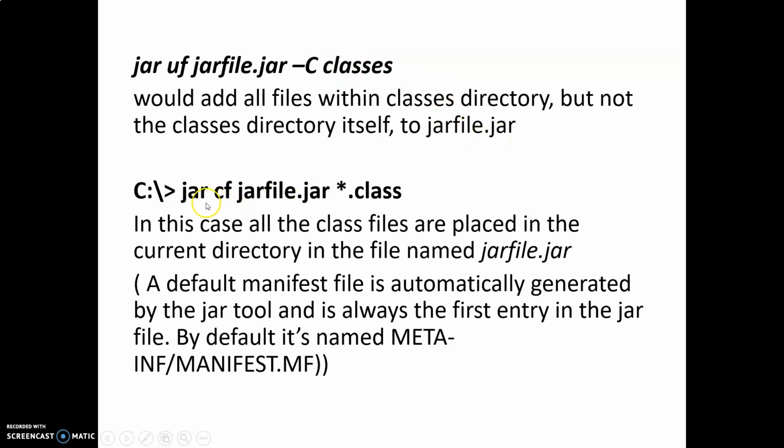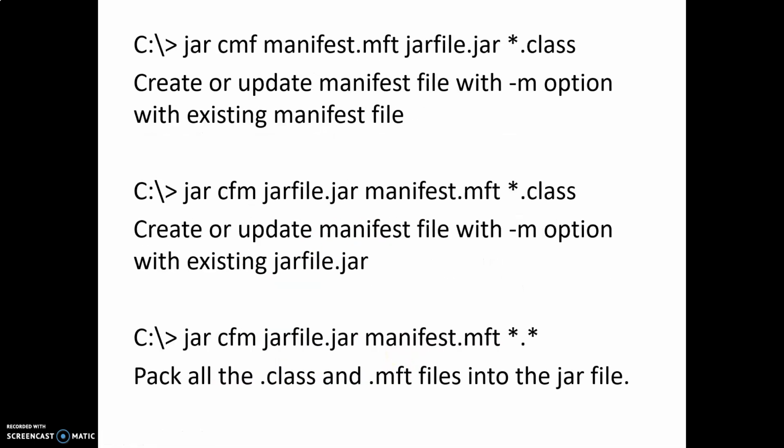Similarly we have jar cf, which creates a new jar file with the .class files present inside it. This will create a default manifest file in the form of MANIFEST.MF in the folder called META-INF.